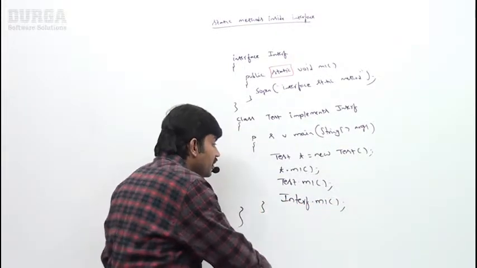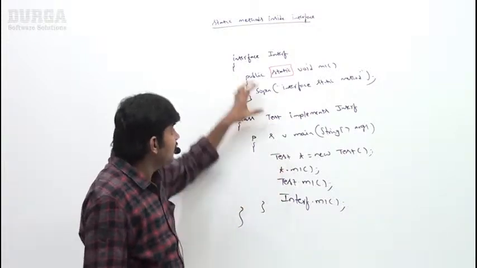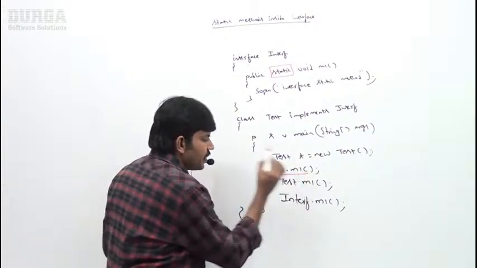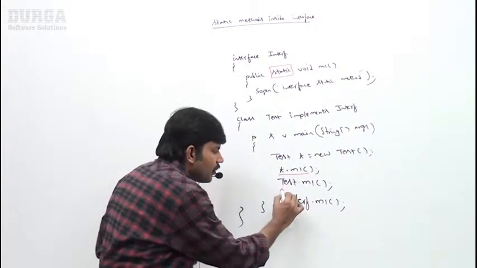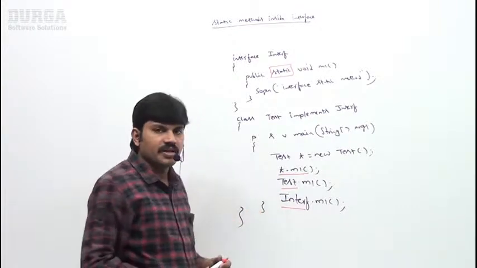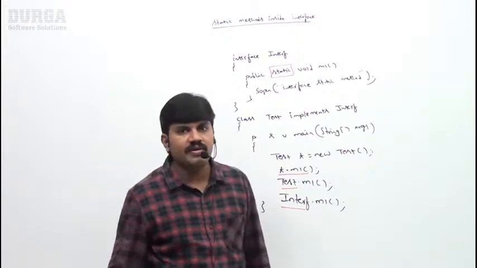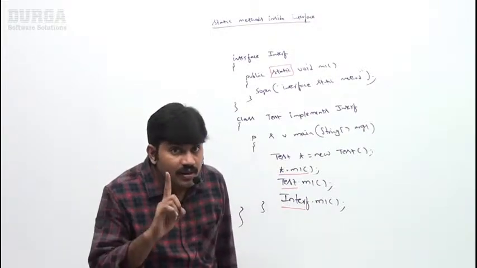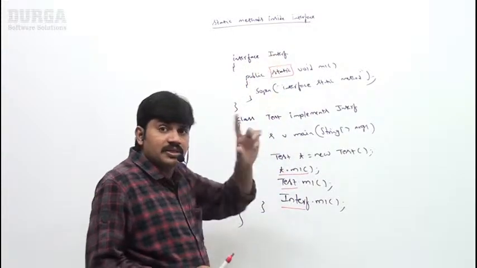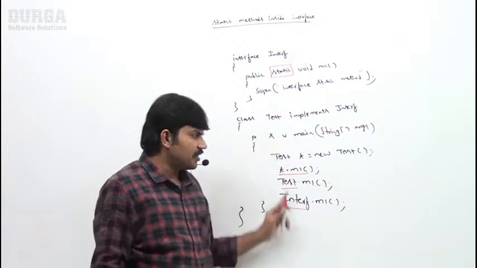Just take very special care. Sir, in how many ways am I calling the interface static method? By using the implemented class object, or by using the implemented class name, or by using the interface name. But here the twist is, if I call like this, the compiler will give a compile-time error. Remember this, because the reason is that an interface static method is by default not available to the implementation class.